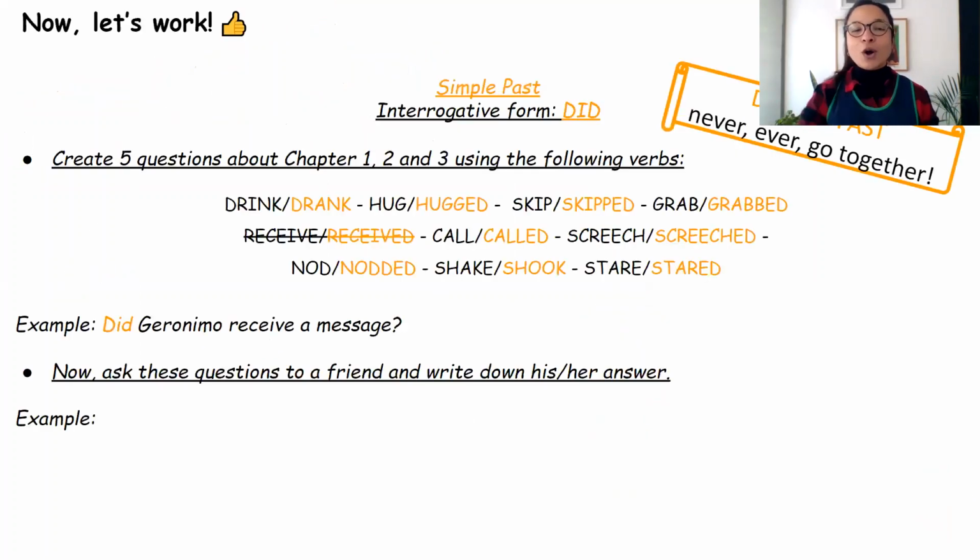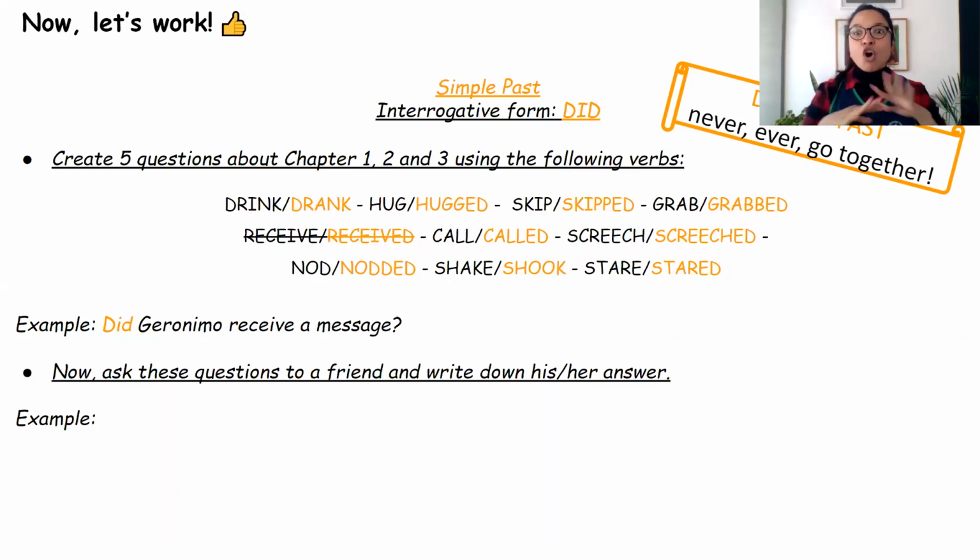So I will go to my copybook. I will start writing here the date at the top, the day number, simple past, interrogative form, did is going to be the title. And then what I need to do here is to create 5 questions about chapter 1, 2, and 3 using the following verbs.